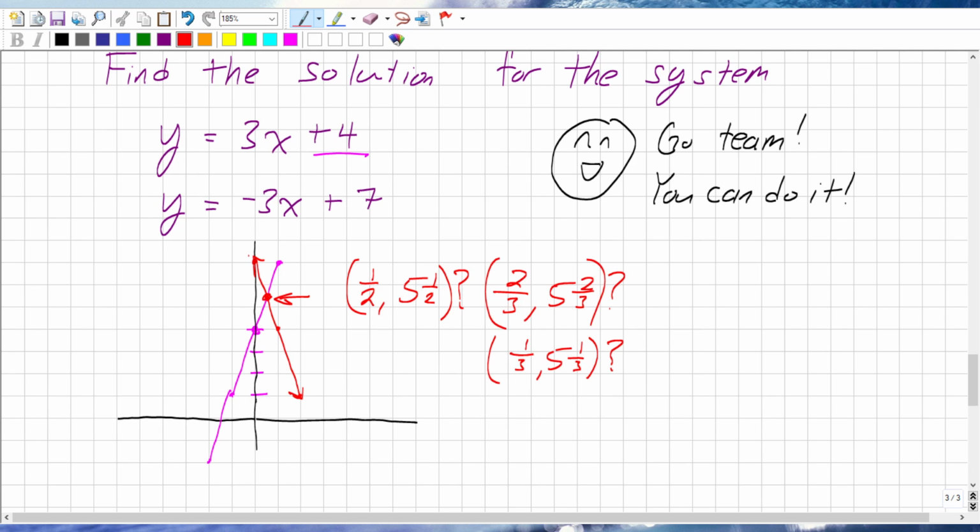Unfortunately for us, this is a great case of what happens when things don't work out nicely on a graph. This is the major flaw when trying to solve a system of equations by graphing.